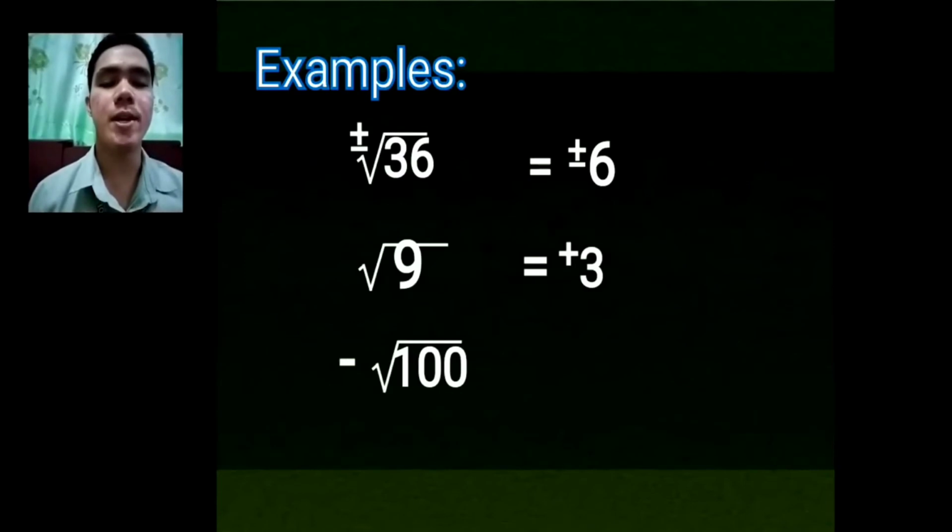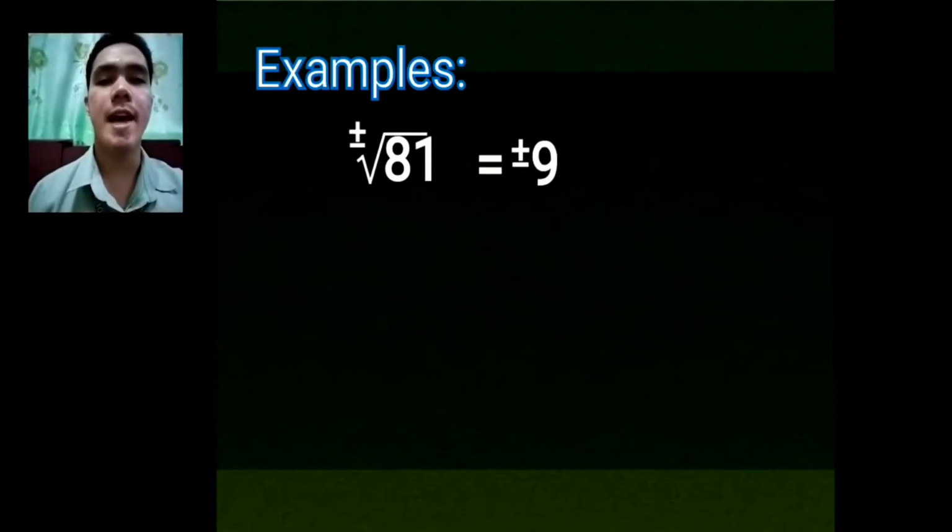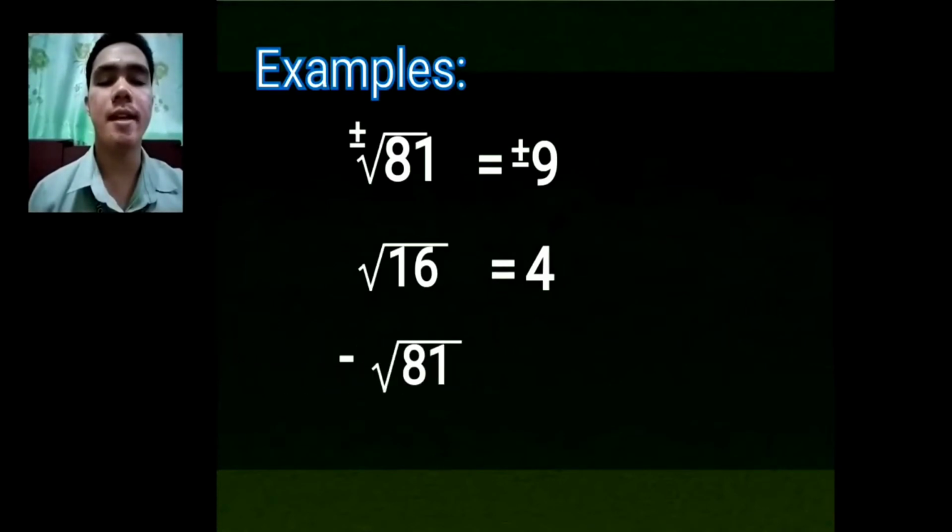The negative square root of 100 is negative 10. Another one, positive or negative square root of 81 is positive or negative 9. Square root of 16 is 4, the principal root. Then, negative square root of 81 is negative 9.